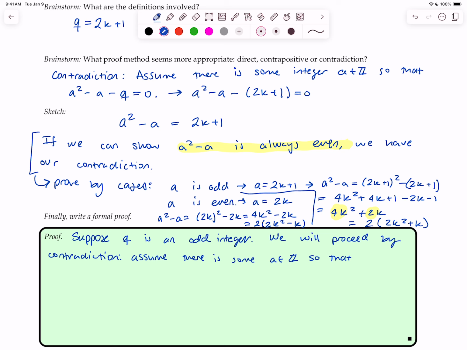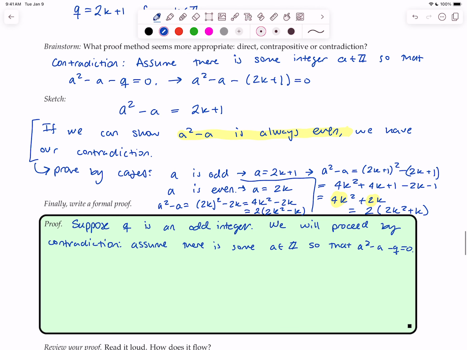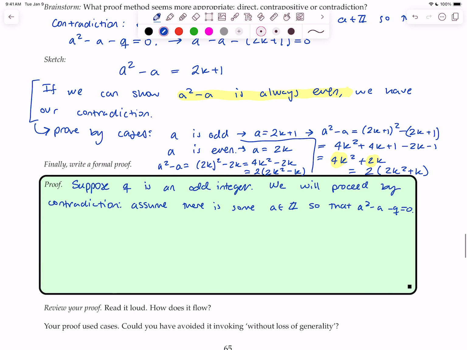It's a solution, so that a squared minus a minus q equals 0. Okay, now what does our sketch look like? It looks like we want to move the q over and replace it with its definition. Maybe this is a little out of order, but that's okay. We could say then a squared minus a equals q.